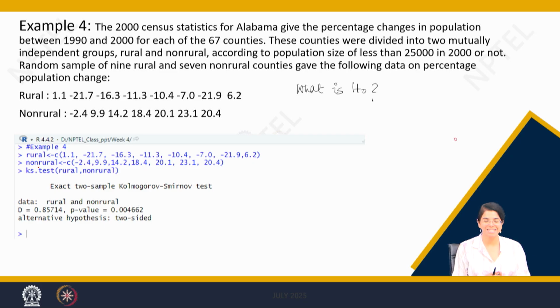You can take rural as one sample, and non-rural in the R code as another sample. Just apply ks.test(rural, non-rural), and you will have D, the Kolmogorov-Smirnov test statistic, as 0.85714, and the p-value is 0.004.